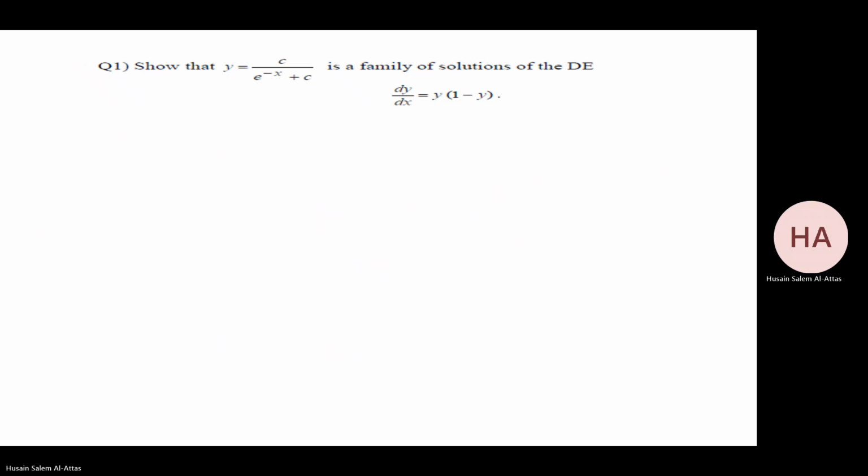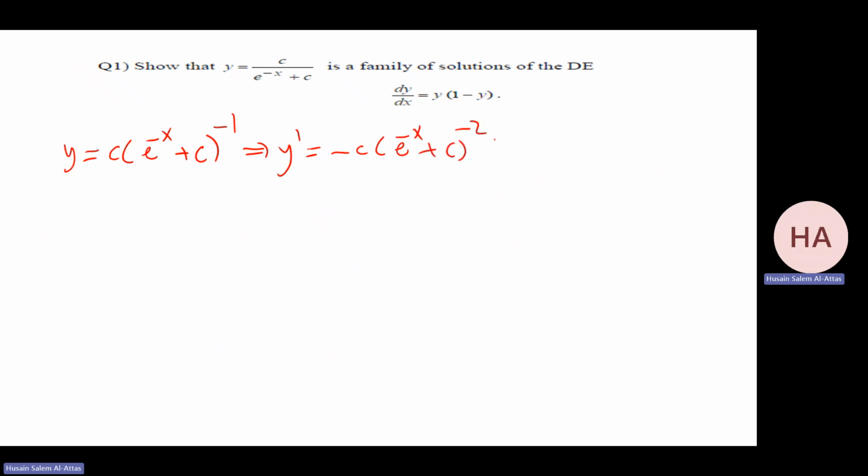Easy one. Just differentiate. Y prime will be, let me write y as powers. It will be easier, I think. Y is c e to the power minus x plus c, to the power minus 1. What will be y prime? Will be minus 1 times c, and forget the power minus 2. So I have minus c e to the power minus x plus c to the power minus 2. Derivative of this e to the minus x is minus e to the minus x.